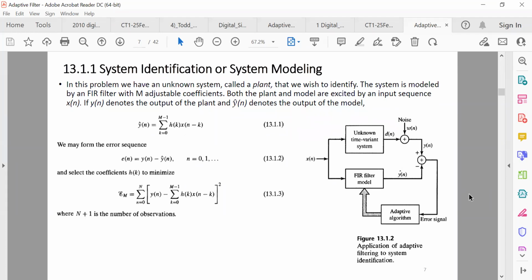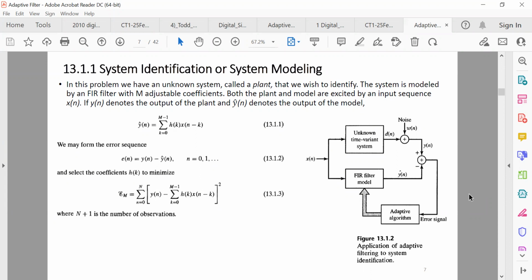So what I can do, I can place a known similar plant side by side, and we can update the known one, and thereby we know the one which is not known to us.